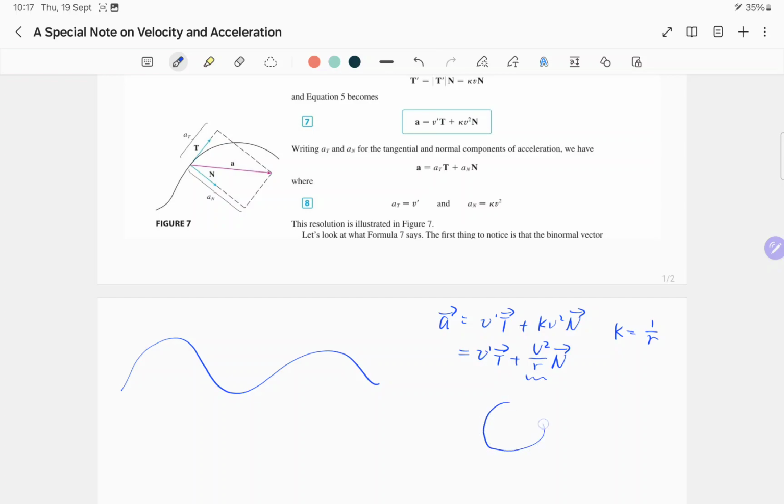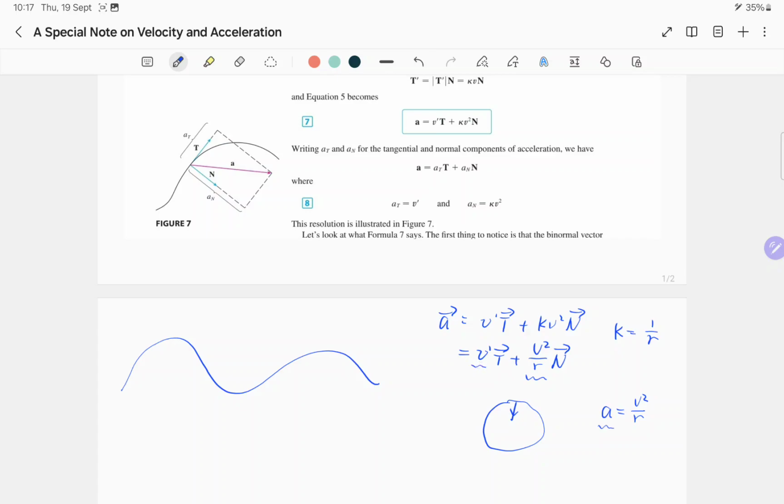We know that in a circular motion, the centripetal acceleration is equal to v squared divided by r. This is exactly the acceleration pointing towards the center of the circle in this formula.